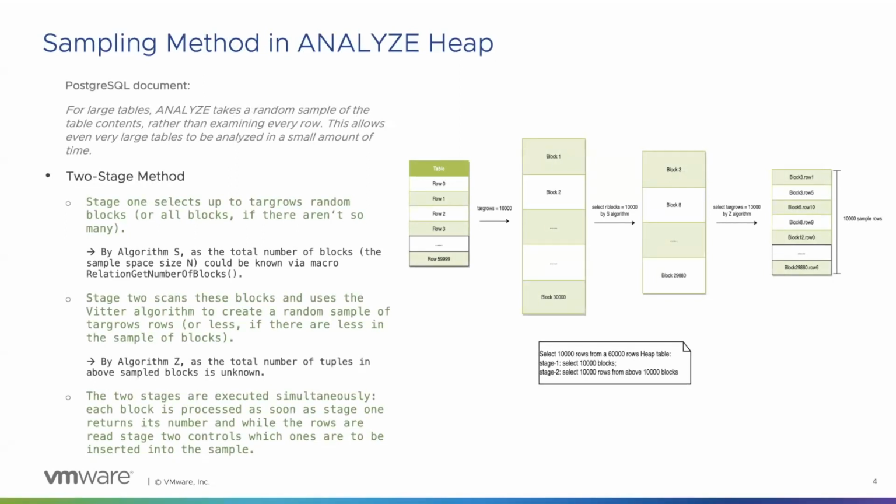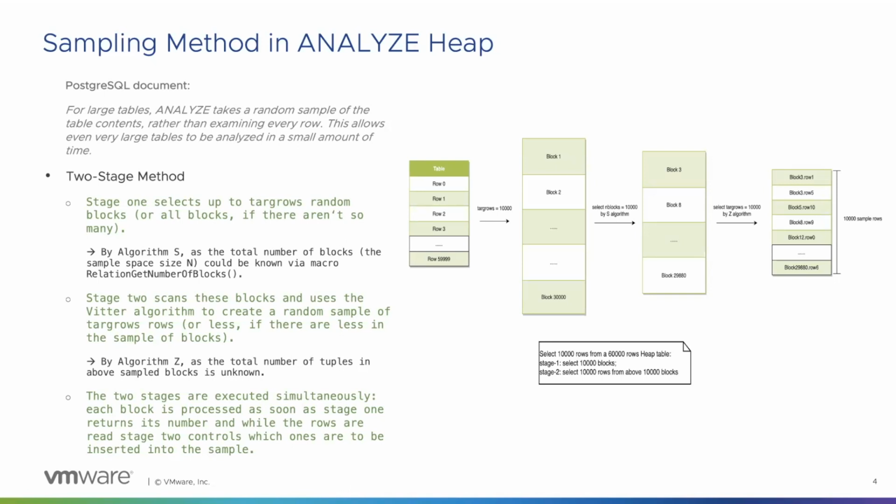Firstly, I will introduce the sampling method for upstream. Upstream uses a sampling method for analyzing heap. The idea is that for large tables, analyze takes a random sample of the table contents rather than examining every row.